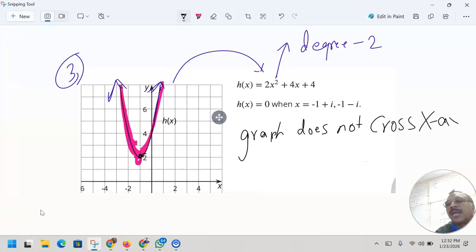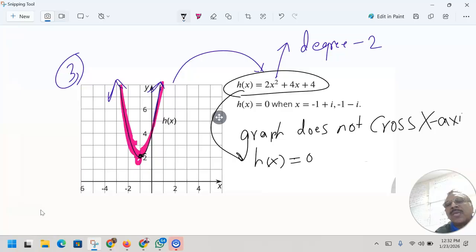the x-axis. And because it does not cross, this function h(x) equal to 0, or you say this equation equal to 0, does not have real zeros.